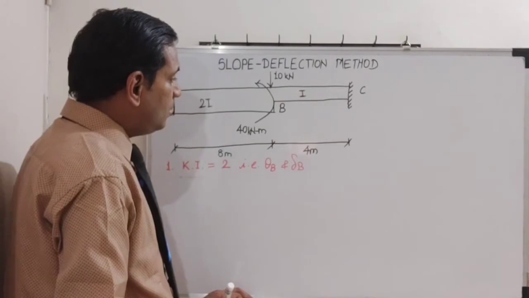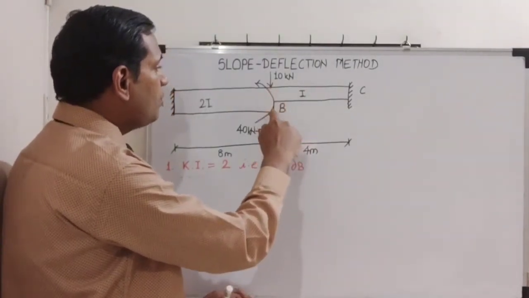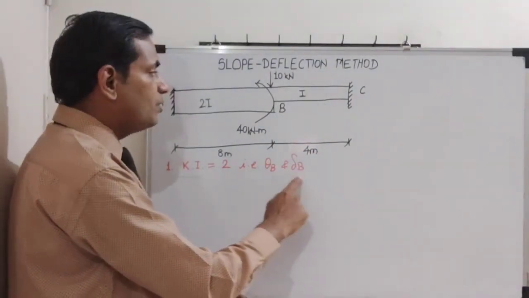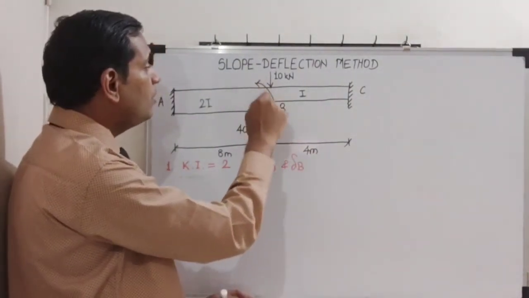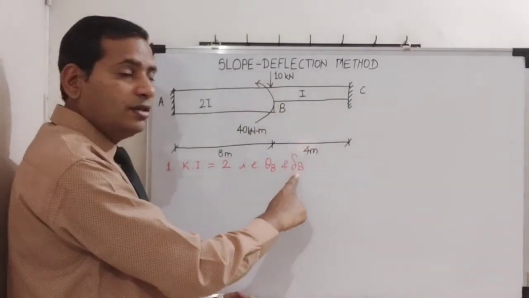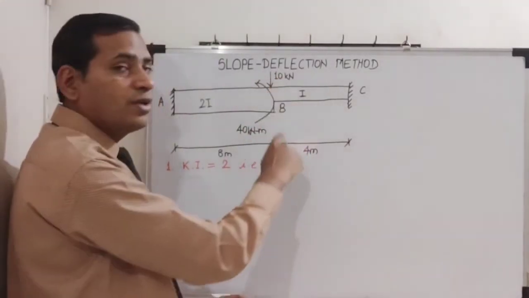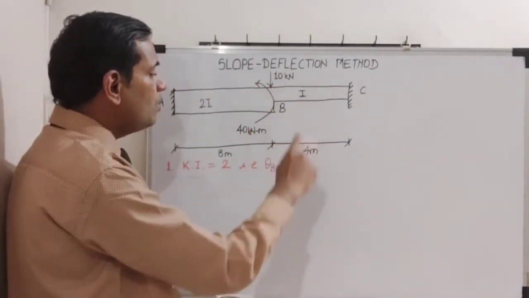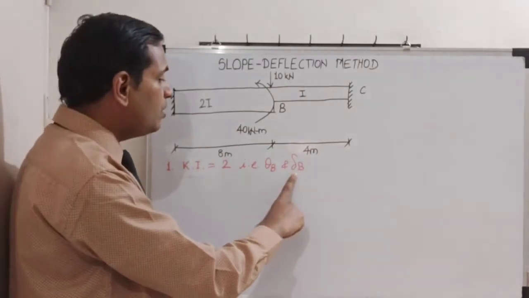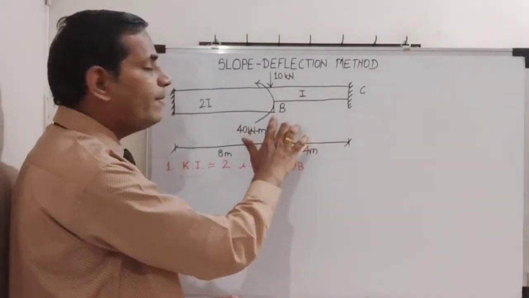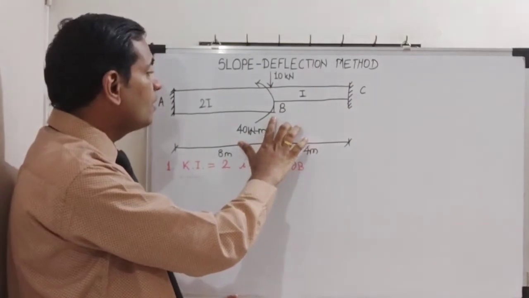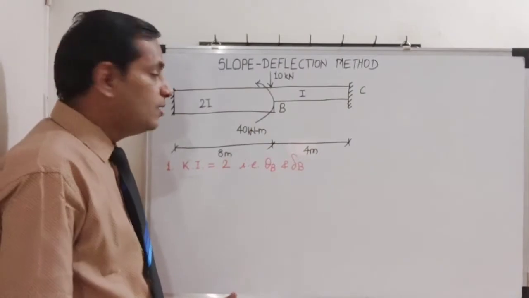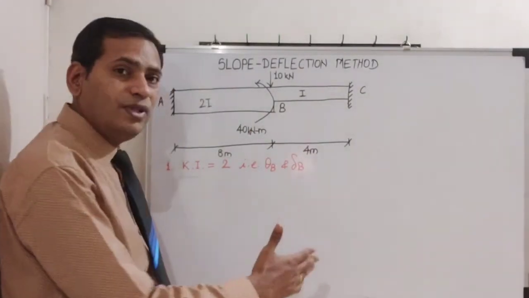So this particular joint is subjected to two displacement quantities: rotation because of the couple, and linear displacement because of the linear load. Angular load, angular displacement; linear load, linear displacement. So in short, we are assuming that this is one imaginary support. In reality, this is not there. We are just assuming it. So this is how we are going to start.